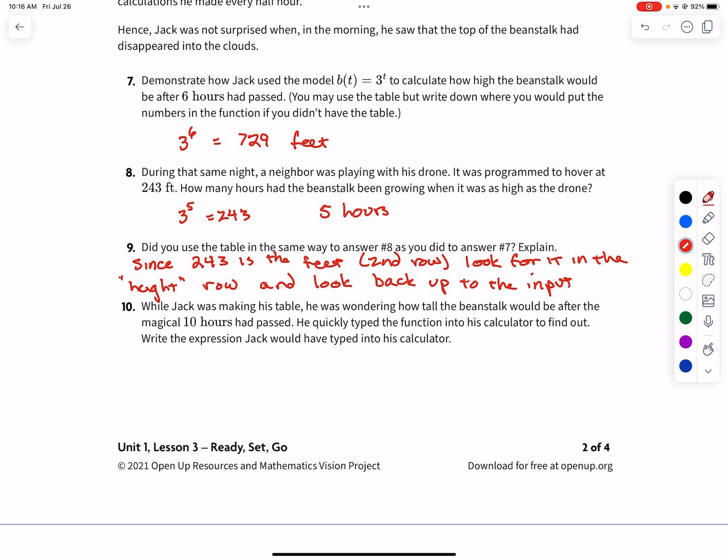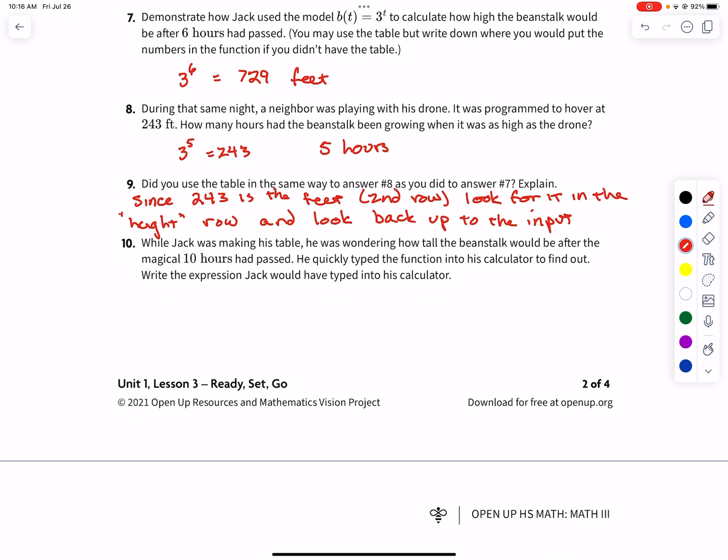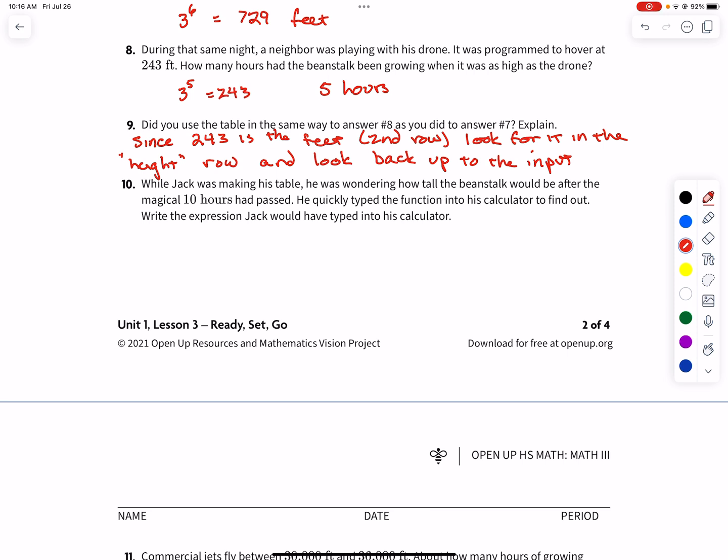So we're basically sort of switching input and output. Technically what that is getting at is what's called the inverse function.